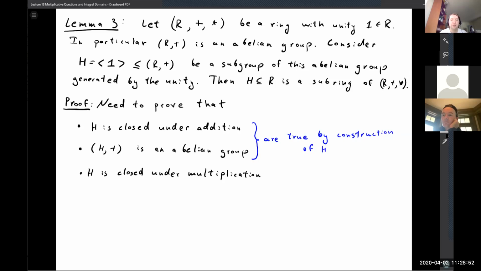So the only thing we really need to show is that H is closed under multiplication here. Right.